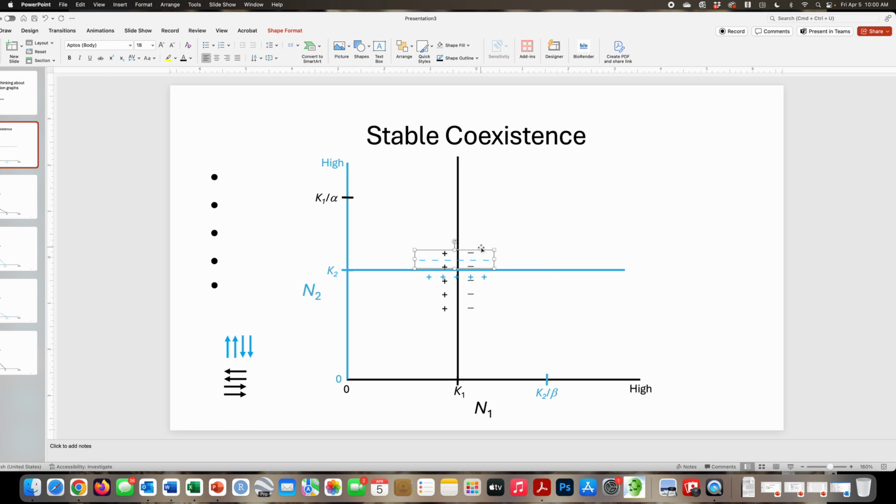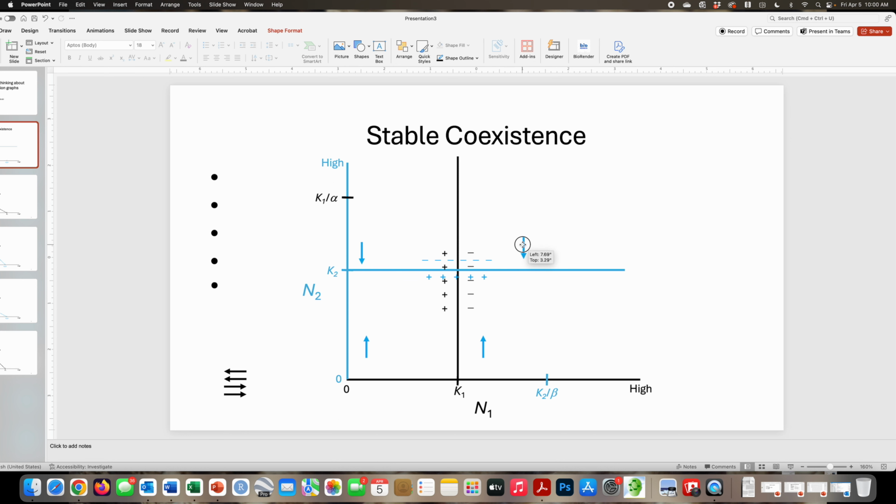And so what's happening, if the 2 species were not in competition with one another, this is what the graph would look like. And the 2 species would basically grow to their carrying capacities, and if they ever crept above their carrying capacities, they would return to carrying capacity. And so when we think about populations, we would think of population 2 below the line increasing, and above its carrying capacity it would be decreasing.